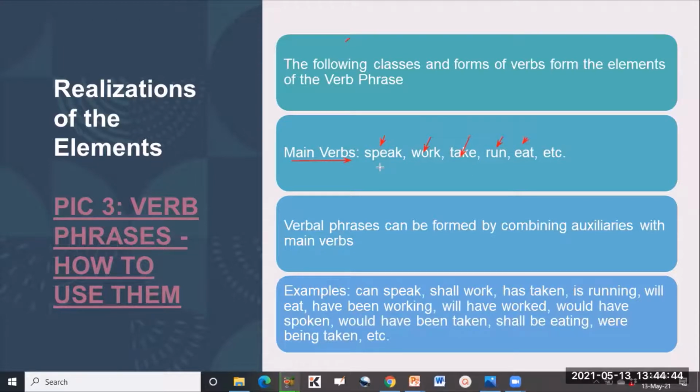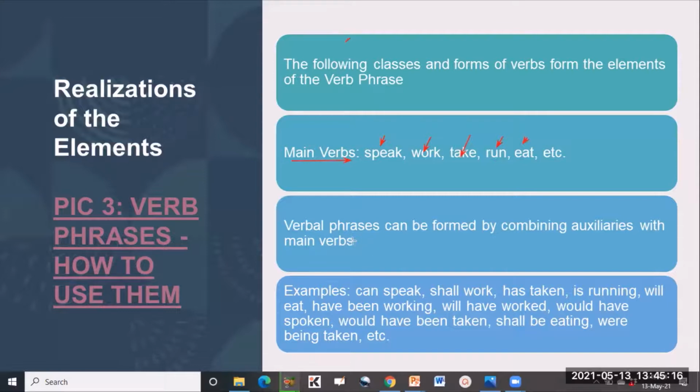Now, can you make a sentence with any of these? I speak French. I speak English fluently. Well, when we use speak as a main verb alone in a sentence, we have just used the verb. But to form a verb phrase, we now have to combine the auxiliaries with the main verbs.